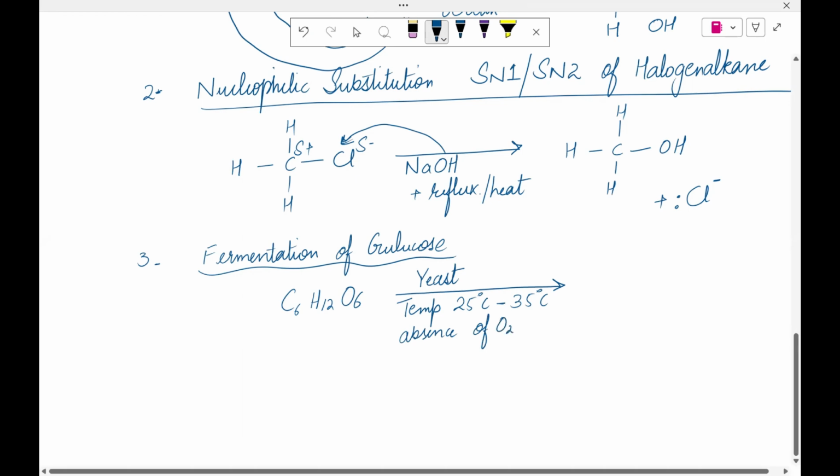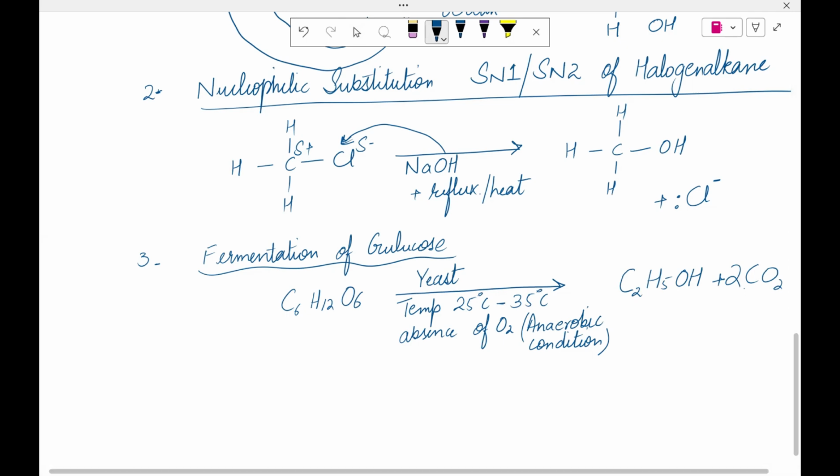And the reaction that occurs in absence of oxygen, we call that reaction as anaerobic condition. Okay, that represents the reaction that occurs in the absence of oxygen. And what actually happens, there is basically ethanol that is going to form here with the release of carbon dioxide gas like this.